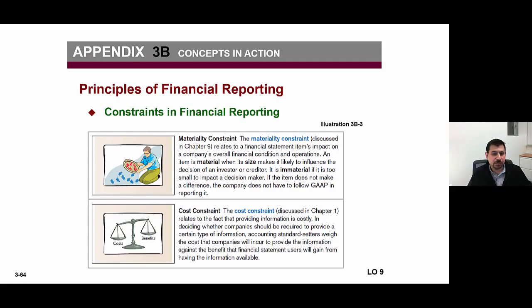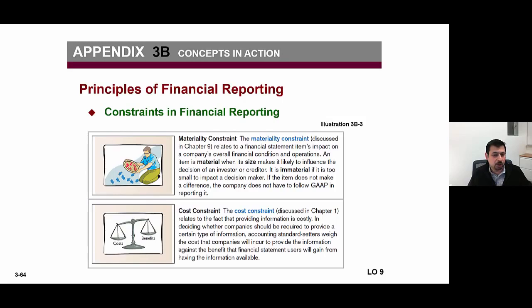The materiality constraint talks about whether this information is material enough to affect the decision maker. For example, if there was a discrepancy in the numbers of basically $50,000 for Google, that would not be relevant.